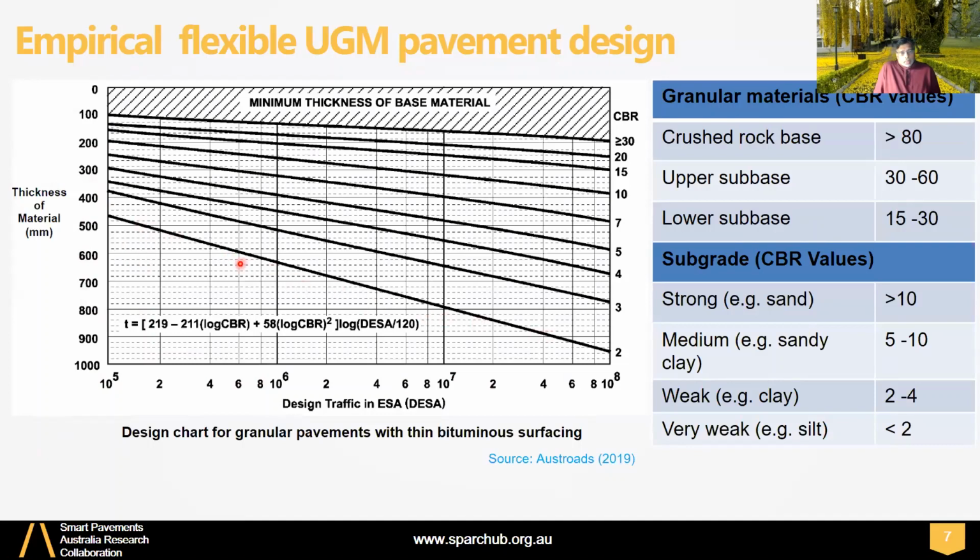Subgrade is characterized by the CBR value, which we looked at last webinar. So for a certain CBR value, you can find the amount of cover you require to make up the pavement.